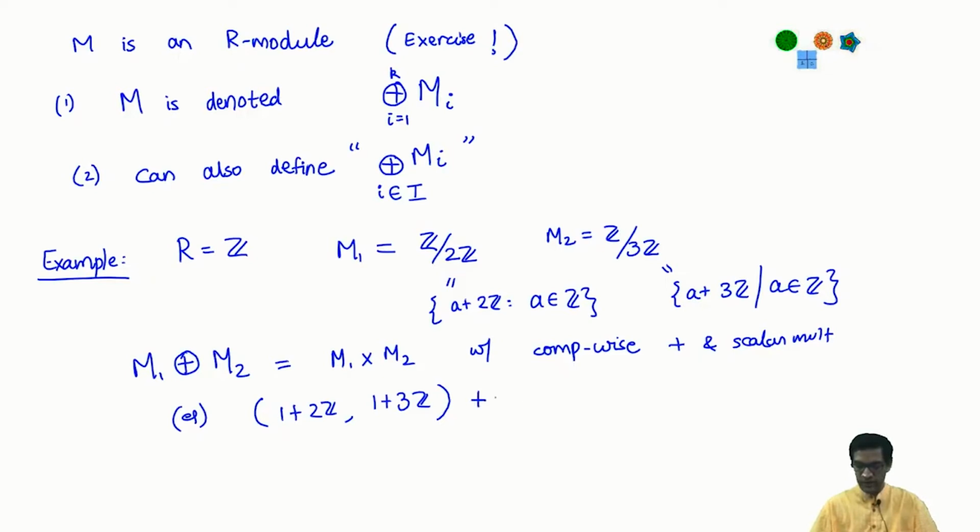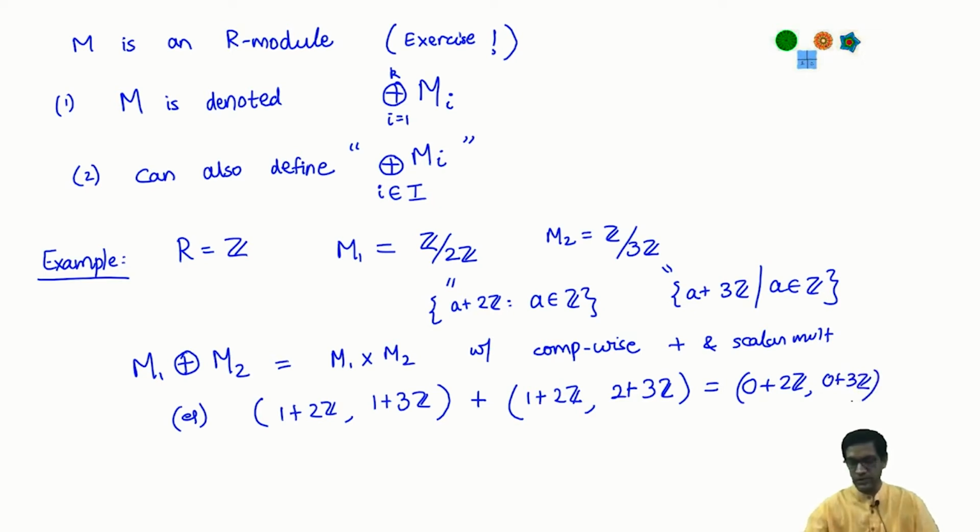How do I perform addition? Let's say I want to add to this (2 plus 2Z, 3 plus 3Z). Then all I have to do is add each component separately, and the answer is 2 plus 2Z, which is the same as the 0 coset, and 3 plus 3Z, which is again the 0 coset. So here's the addition, for example.